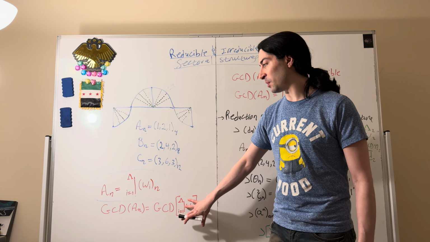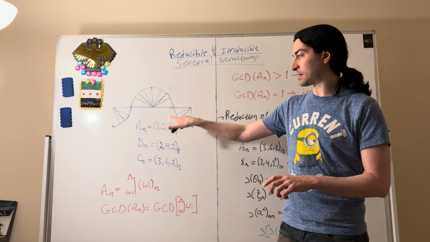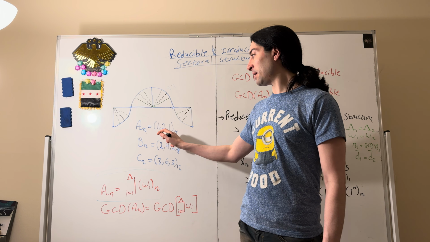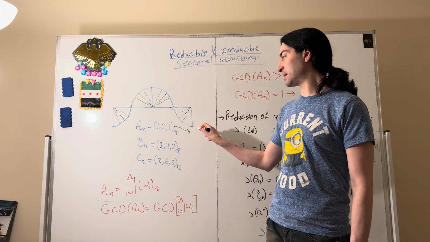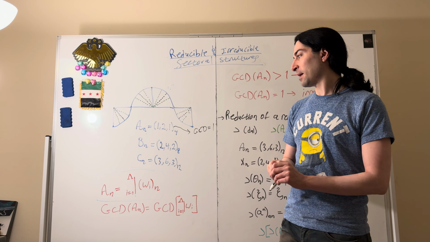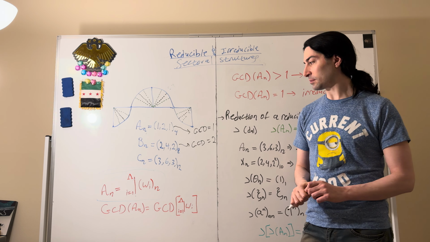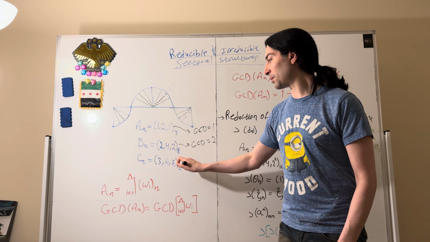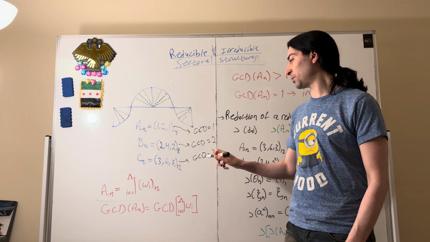Let's look at these 3. A_N equals 1, 2, 1. The greatest common divisor of these is clearly 1. Let's look at 2, 4, 2. The greatest common divisor of these is 2. And similarly here, 3, 6, 3, the greatest common divisor is equal to 3.